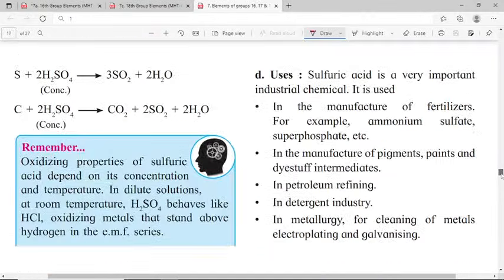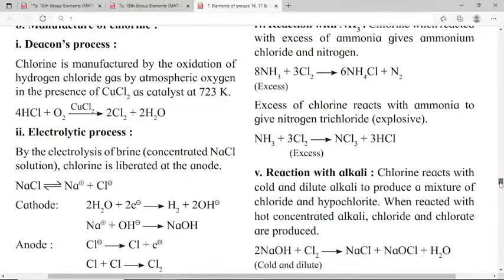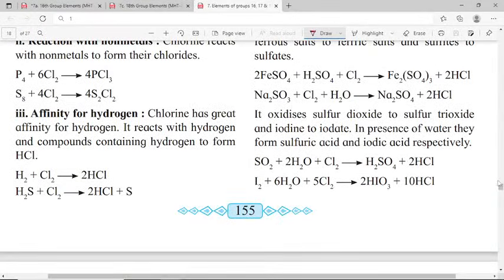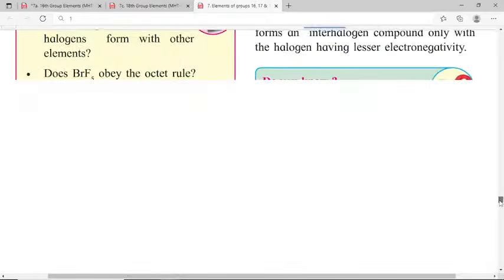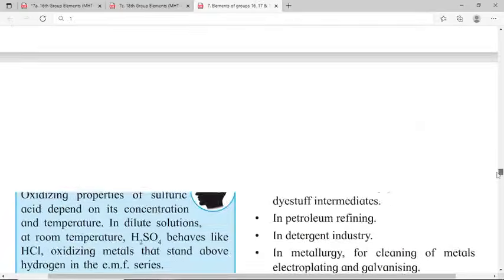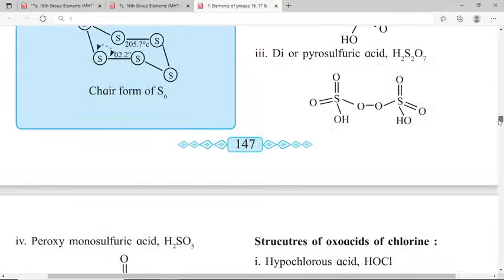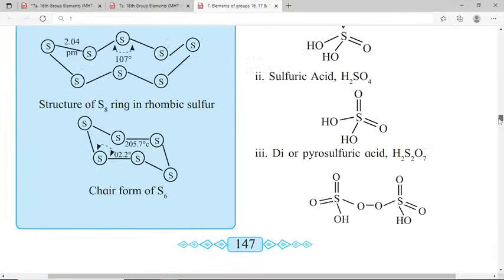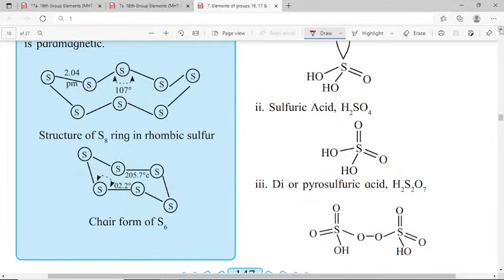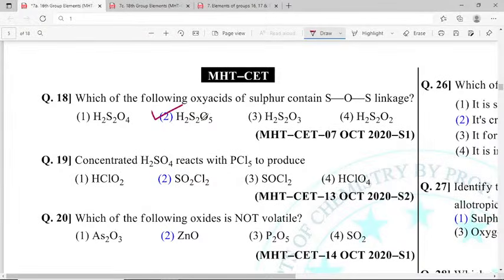So that's it, it contains the oxygen-sulfur linkage. H2S2O5.